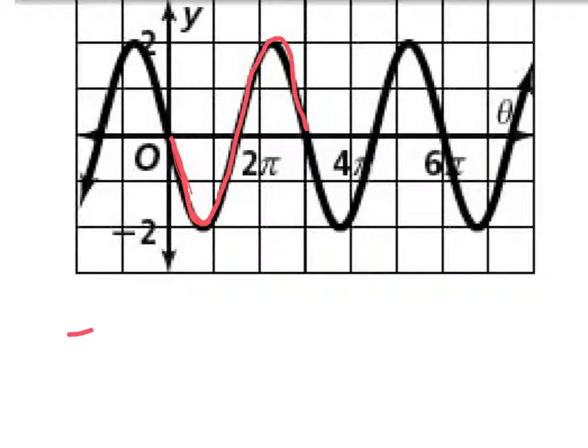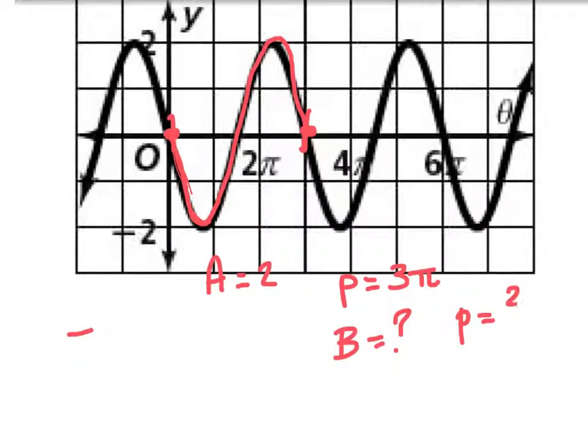It has an amplitude of 2. And then its period length is a little tricky. It starts at 0 and ends here at 3 pi. So our period is 3 pi. Then when I go to find what my b is, I'm going to say that our period is equal to 2 pi divided by b.